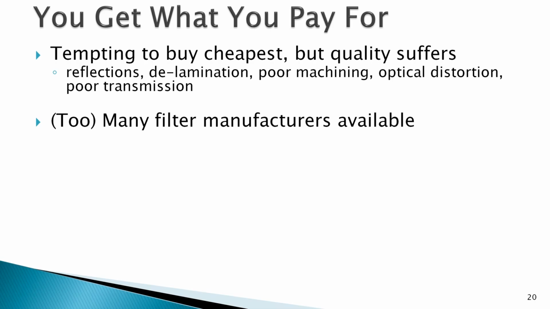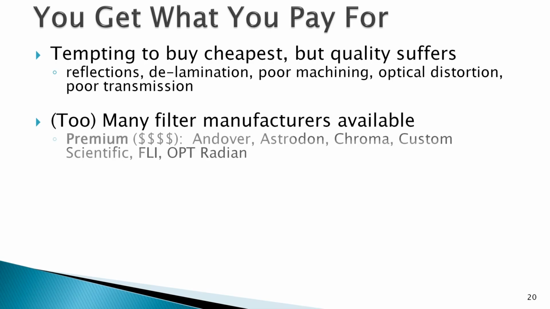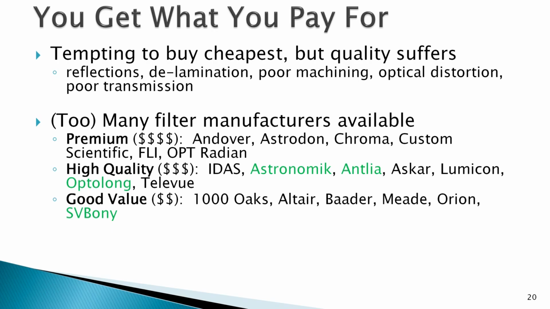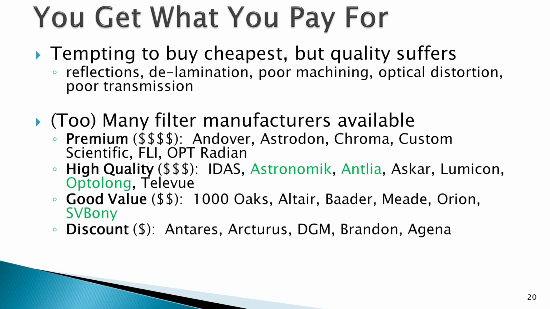I put them into 5 groups, ranging from premium filters, which are super expensive, to high quality, which have proven themselves to provide a consistently good performing product, followed by good value, which are brands that are significantly cheaper than other brands but still deliver a high level of performance, and discount brands, which will do the job but tend to have lower performance.